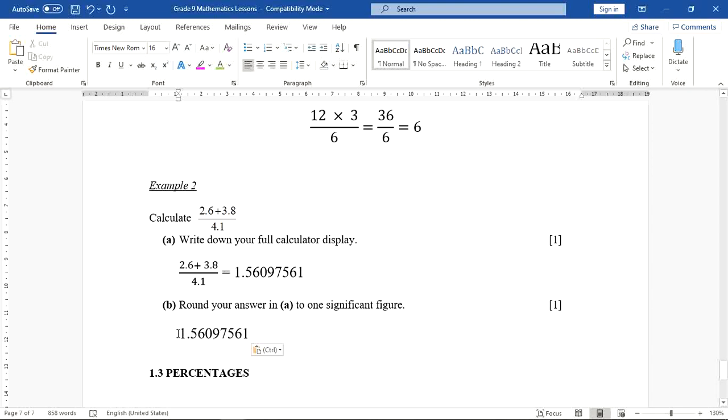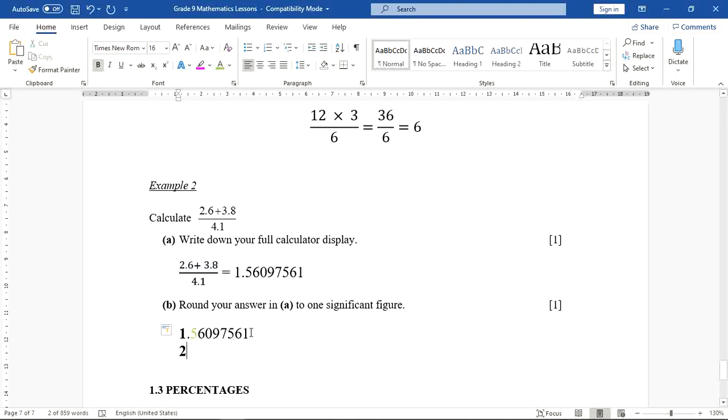So this is the first significant figure, meaning that we only want to end up with one number. So we're going to use the 5 to round off the 1, so that the answer will just be 2. And that's it. So approximately, this is equal to 2, according to part B.